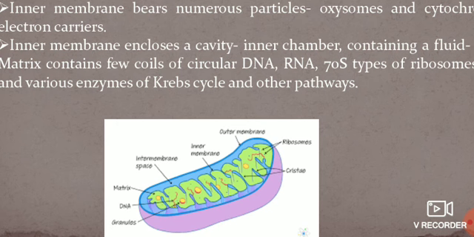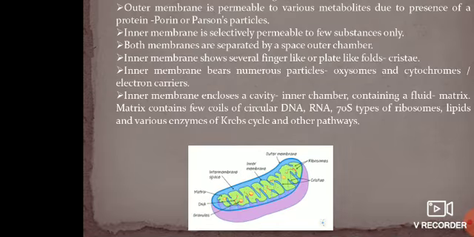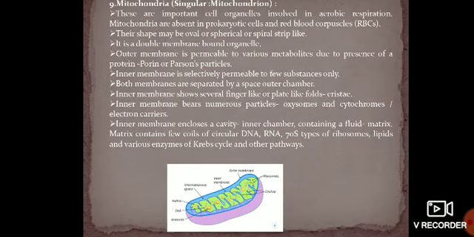RNA is also present in the matrix of mitochondria and some ribosomes of the 70S type. Various enzymes are present to carry out some pathways, for example, the Krebs cycle, which are useful for the process of respiration.